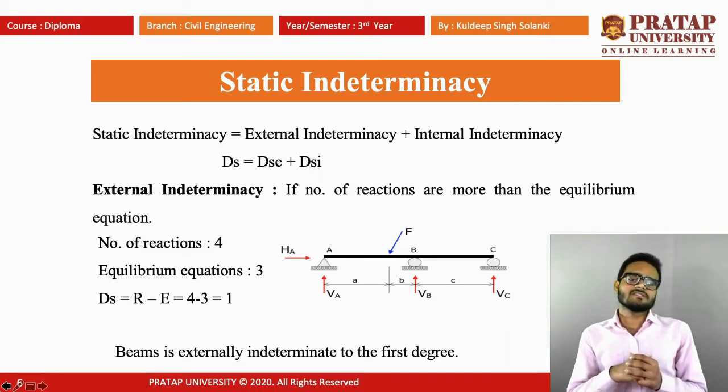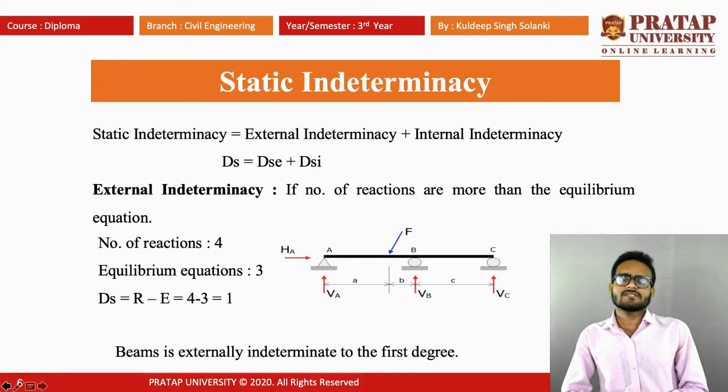External indeterminacy means how many reactions, how many unknowns, are more than our available equilibrium equations. Suppose our equilibrium equations number 3, and the number of reactions or unknowns is 4, so that is 1 degree of static indeterminacy. So we just find how many unknowns are more than our available equilibrium equations. If the number of reactions or unknowns is more than the equilibrium equations, this is called external indeterminacy.